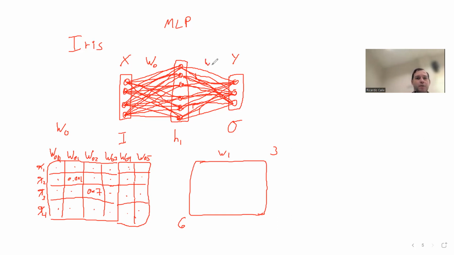So this is W1. Now, in the code, you actually write this out more like functions. Now that you hopefully understand, it's going to be W0, that's these weights, matrix multiply, which is the operation I showed you a few slides ago, times X, which is another matrix of the data in this dimensionality of 4, plus the bias, which I already stated should be a vector of size 6.